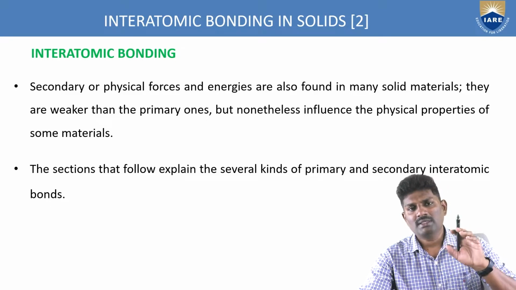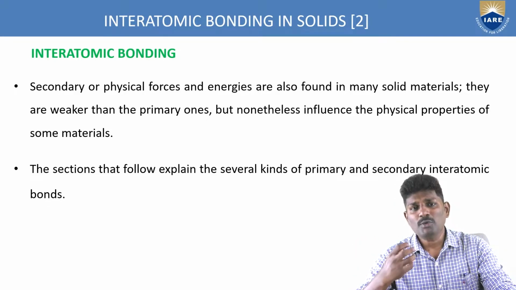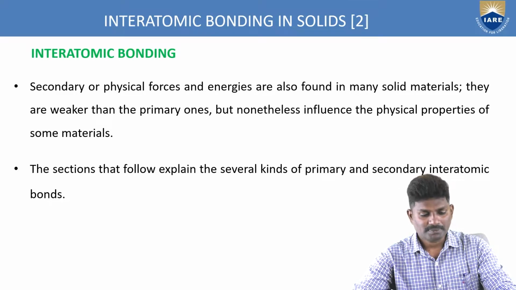So while selecting the material, we need to select a material which has a good bonding energy, that means any of the three types of bonding: covalent bond, ionic bond, or metallic bond. Why? Because the bonding energy is very high when compared with the secondary bonding. So the selection of material depends upon the type of bonding, because the bonding energy varies with the primary as well as the secondary type of bondings.